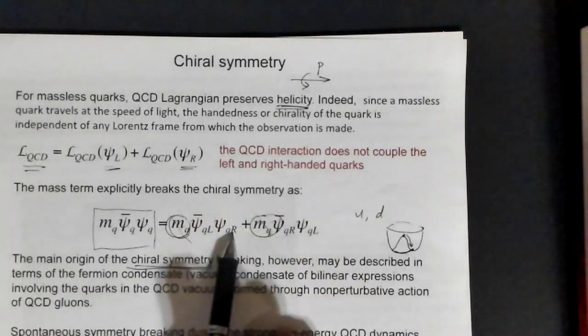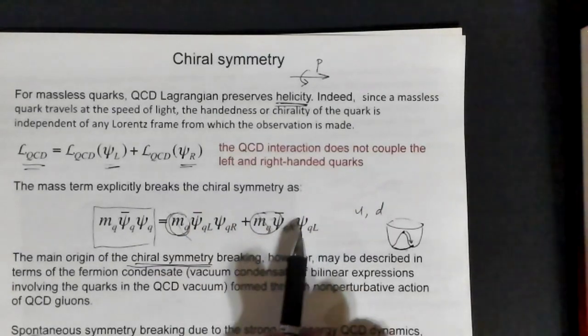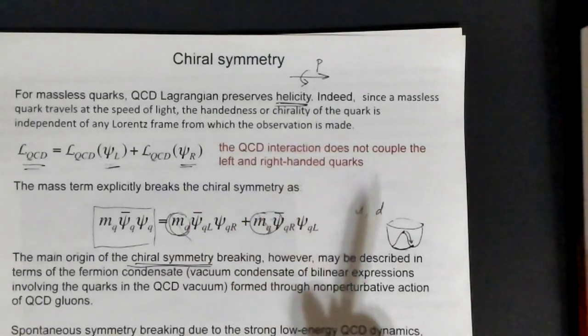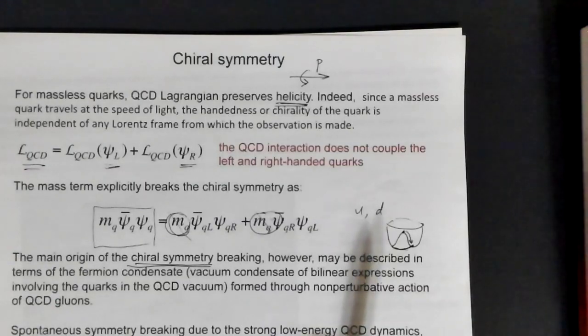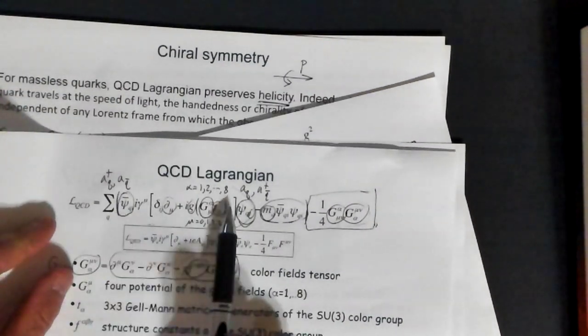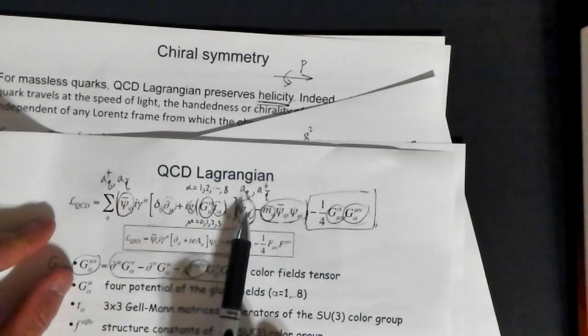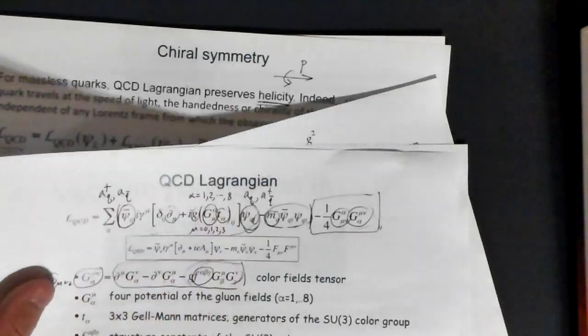So you annihilate a right-handed particle, create a left-handed particle. Annihilate a left-handed particle, create a right-handed particle. It turns out that all of the other terms in the quantum chromodynamics Lagrangian, these guys here, do not couple left with right. They're only left with left and right with right.